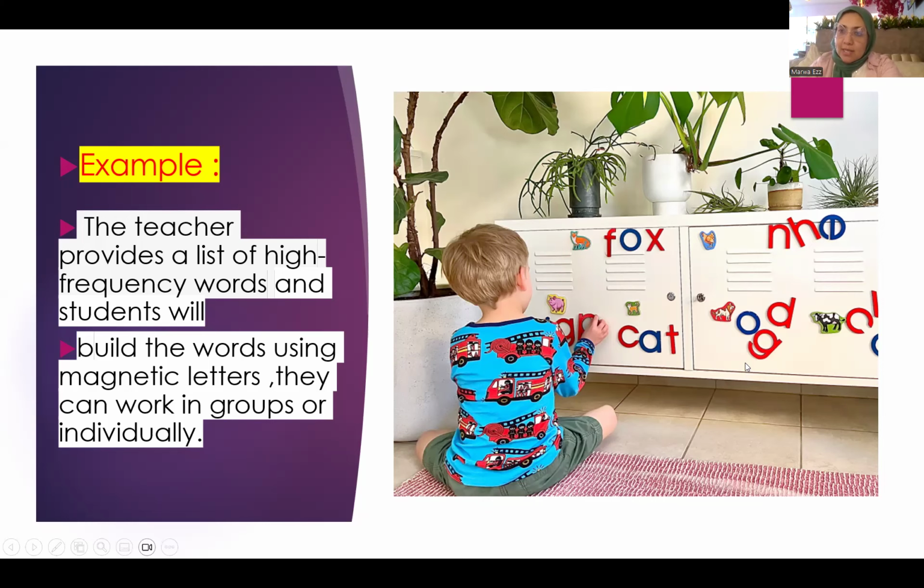So they work and learn in an independent way, and they can read what they did, and they will memorize in a better way in the future because they did it, they built it, they spelled it, they read it.